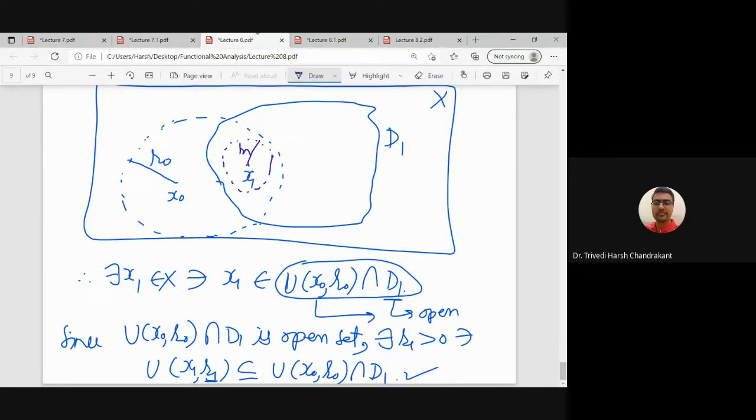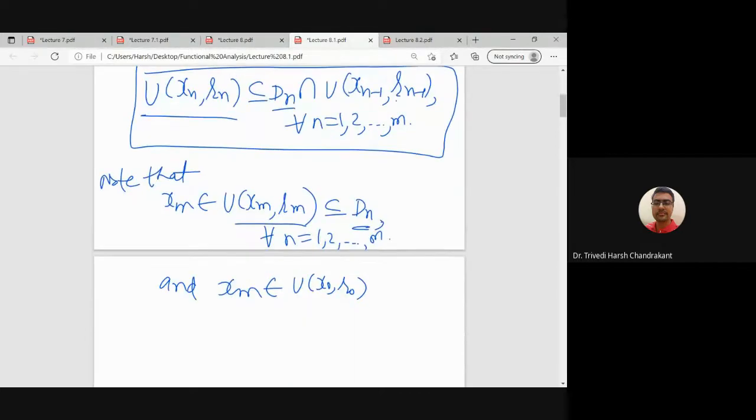I am not drawing the diagram, but we can see this easily, and therefore xm belongs to the finite intersection of Dn, because it is in each Dn intersection the disk. What does this mean?